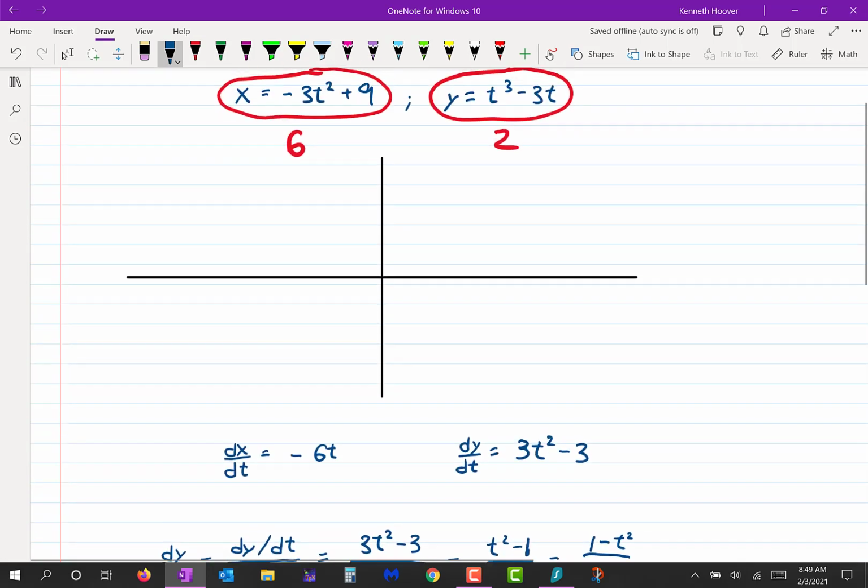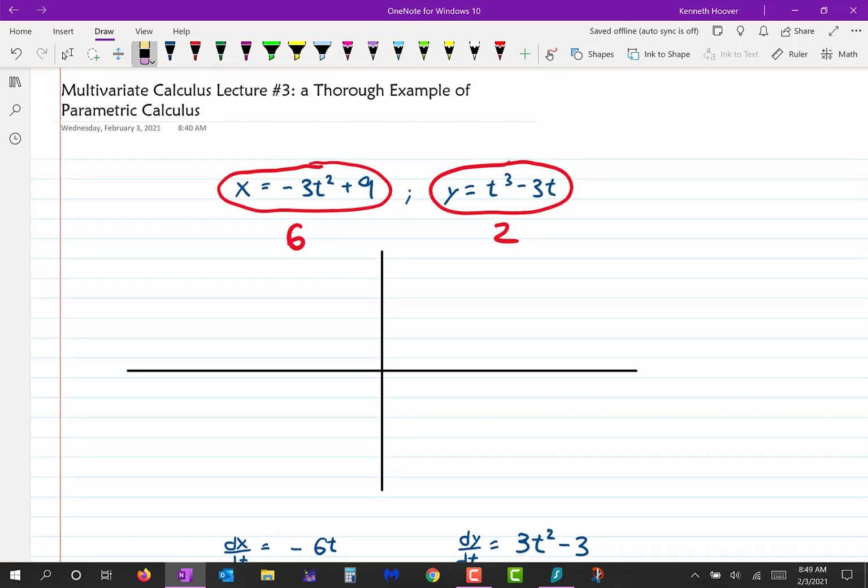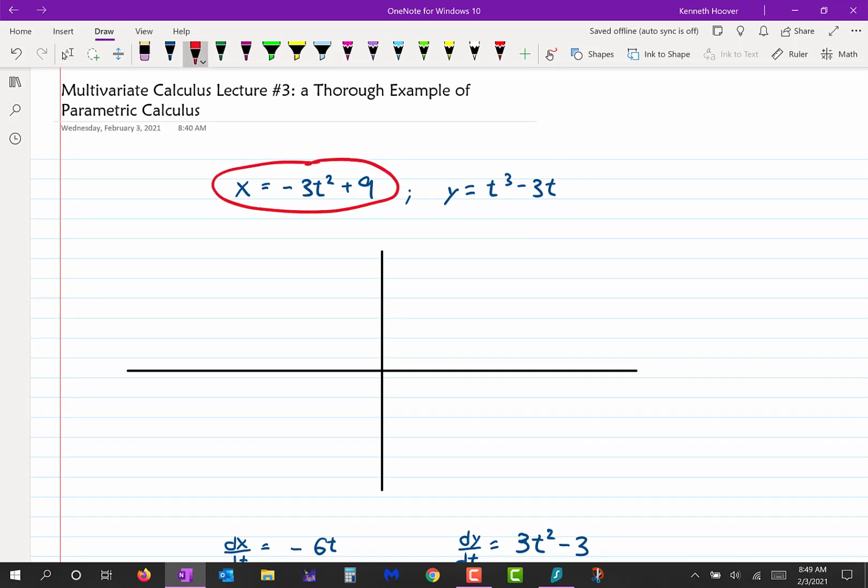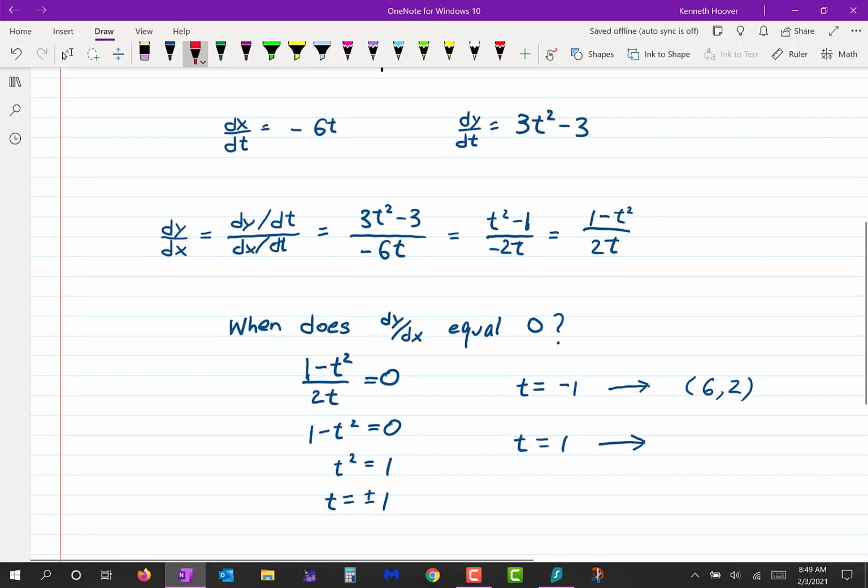Let's do the same thing. Plug positive 1 into the x equation, and we're going to get 6 again. Plug positive 1 into the y equation, and we're going to get negative 2. So when t is 1, we're at the point 6, negative 2.